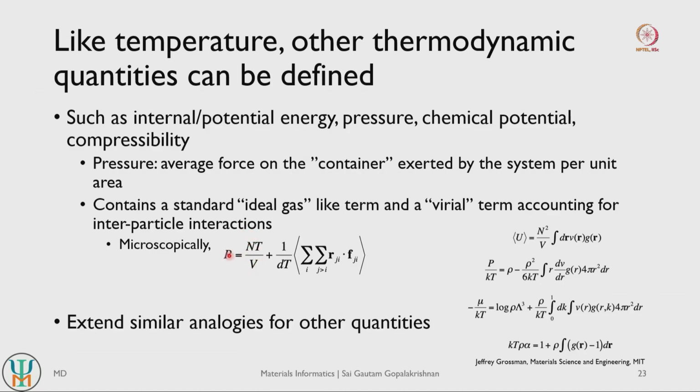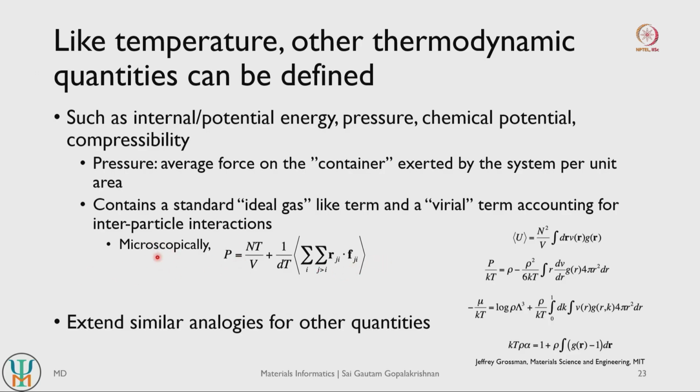So, pressure is related to this quantity here for an ideal gas, and then if you have a non-ideal system such as a non-ideal gas, a fluid or even a solid, then we will have a virial term, which represents how particles are interacting amongst one another. This is basically the relative positions of particles, and this is the force acting between the two particles.